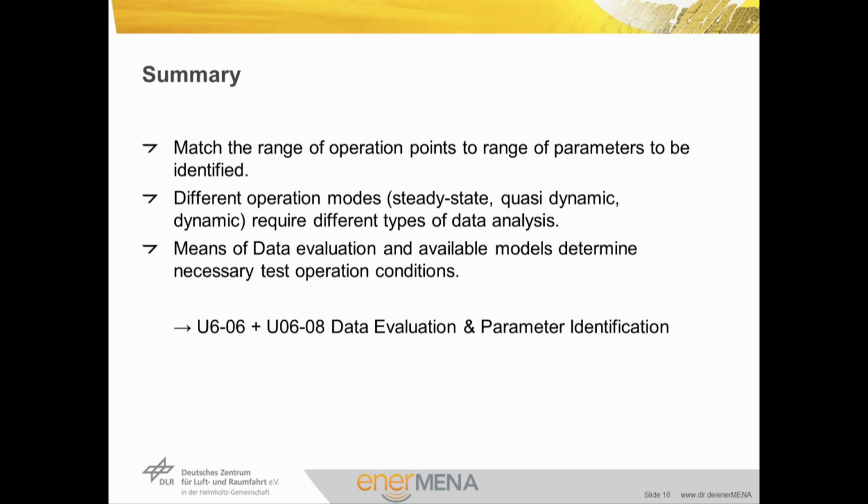In turn, the data analysis needs to be adapted to the operation mode. Conversely, this implies that available means of data evaluation and models determine or even restrict necessary test operation conditions and modes. These thoughts on performance test conditions will be extended in Units 11 and 13 of this block. These deal with data evaluation and parameter identification.